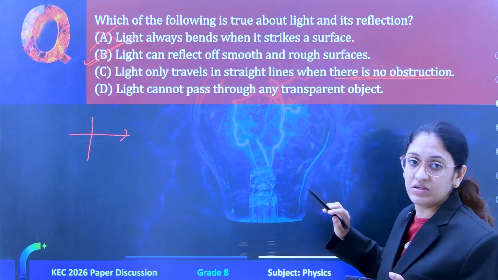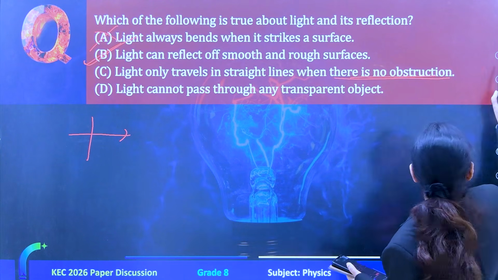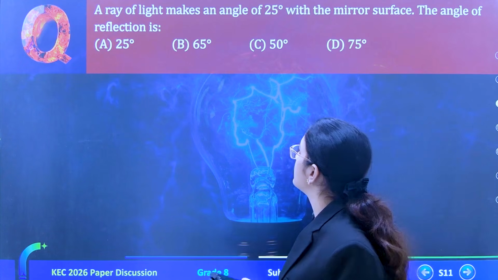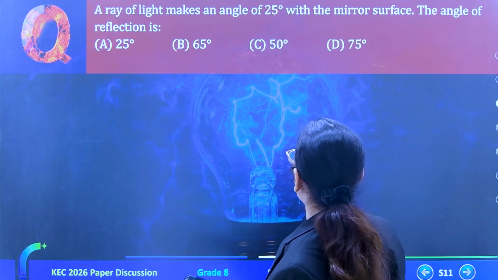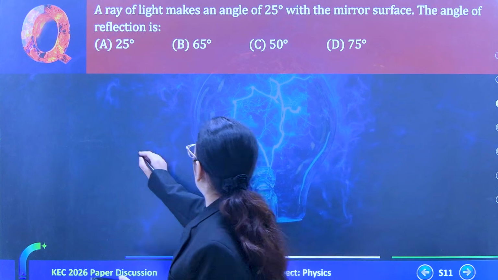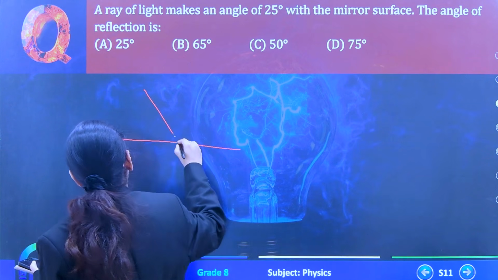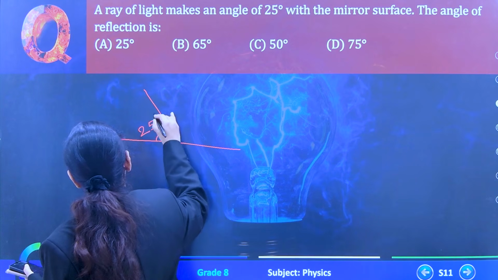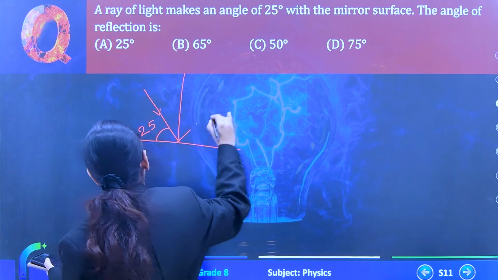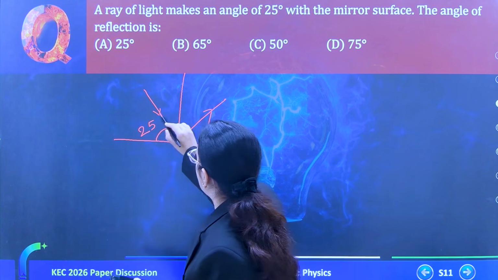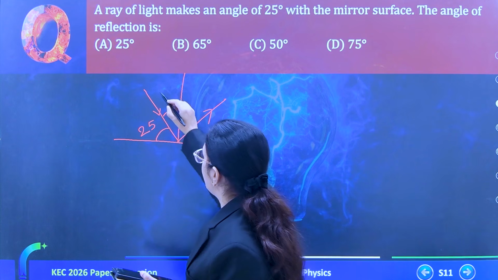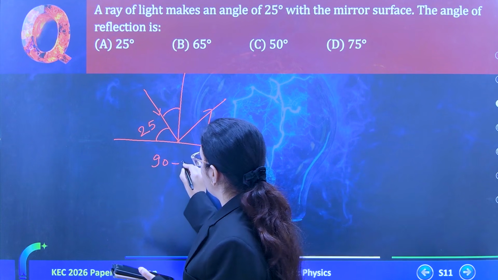Next question. A ray of light makes an angle of 25 with the mirror surface. This is 25 degrees. This is the normal. This is the reflected ray. This is 25. So this is 90 minus 25.